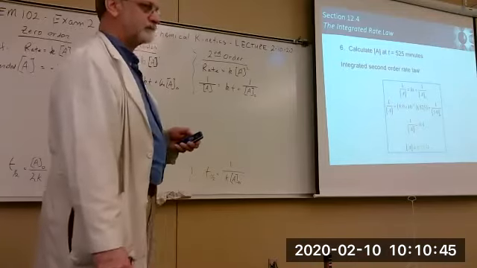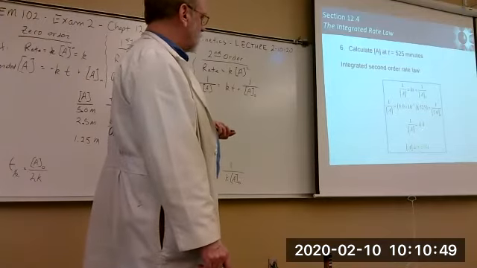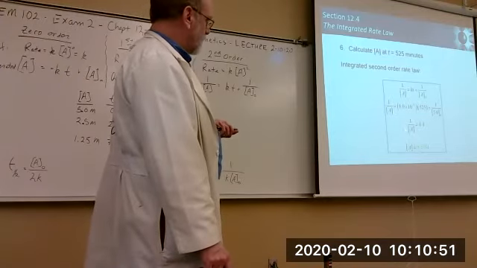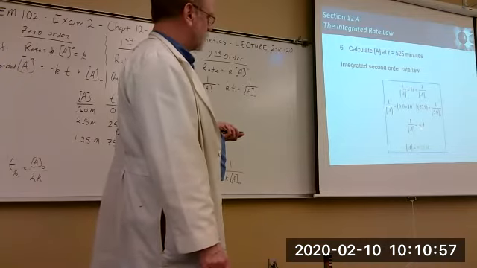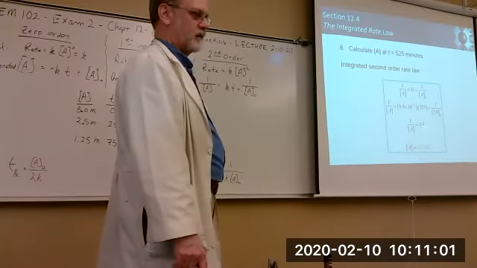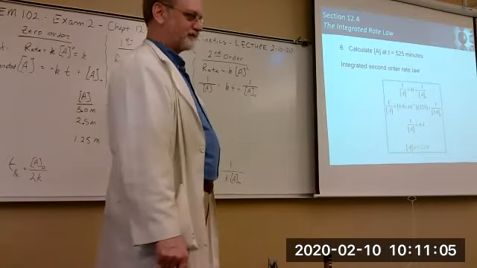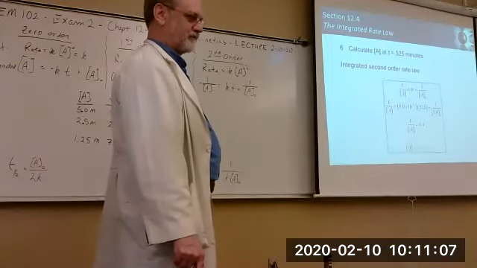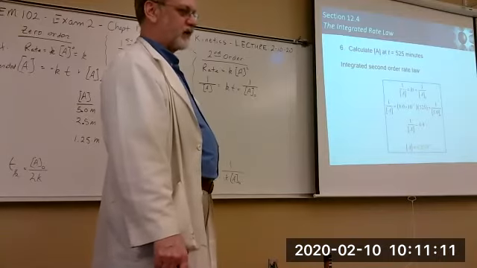But how do we get 0.23? Well, if this is 1 over A, and that's 4.4, then you just invert both sides of the equation. So that makes this A, and that makes this the inverse of 4.4. So take the inverse of 4.4, or just say 1 divided by 4.4, if you can't find your inverse.